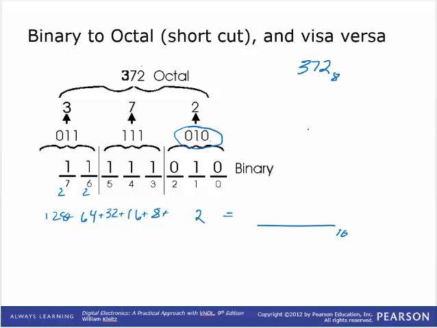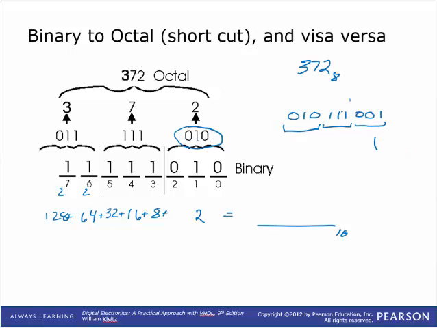I can give you a number. I will just make one up right now. I'm going to say this is my number in binary, and I want to convert it to octal. So the thing that you do is divide it up into groups of 3 for octal.